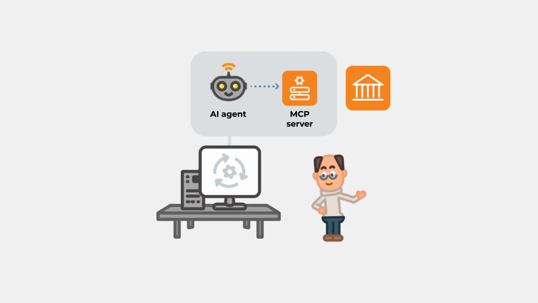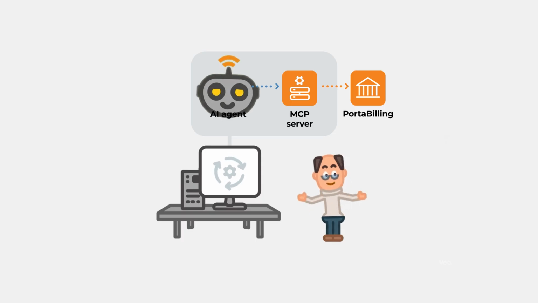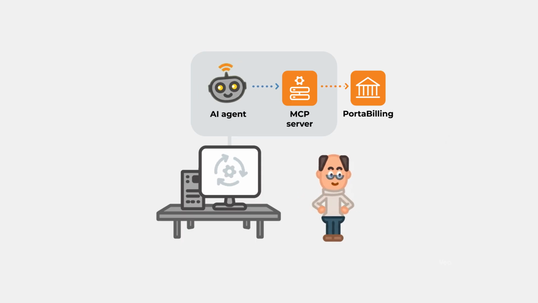The MCP server queried PortaBilling's product catalog, filtered by name, and returned the product ID. Then the AI agent gave a command to create 5 extensions with that product ID. All of that happened automatically. The AI agent orchestrated multiple API calls through the MCP server, and PortaBilling processed each one.